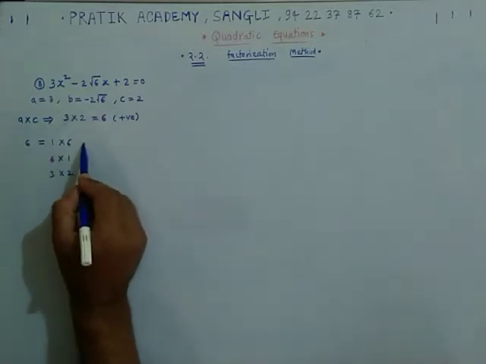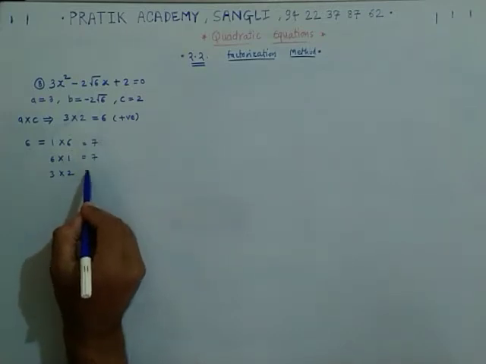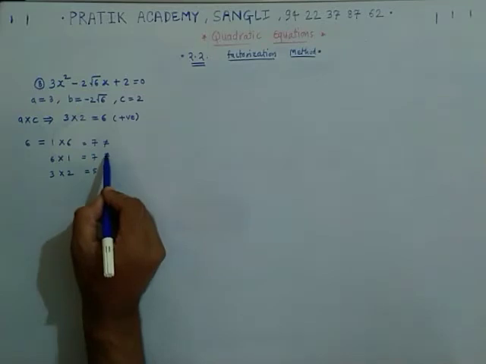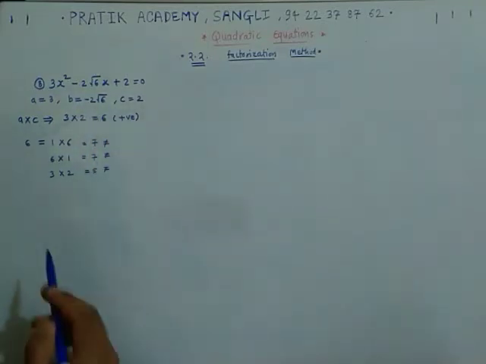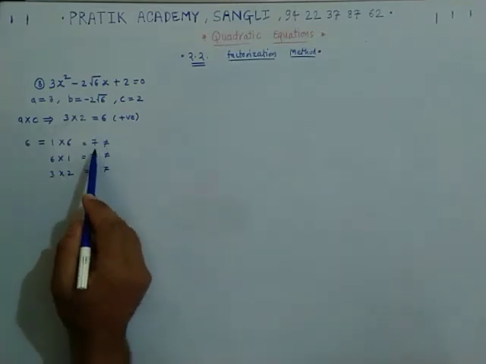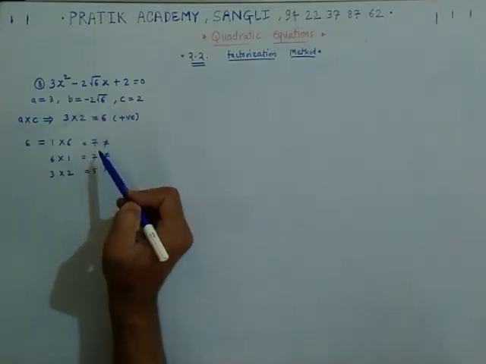So 1 plus 6 is 7, 6 plus 1 is 7, 3 plus 2 is 5. No pair is matching with 2 root 6 because every time there is only an integer part. The root part is not coming here.